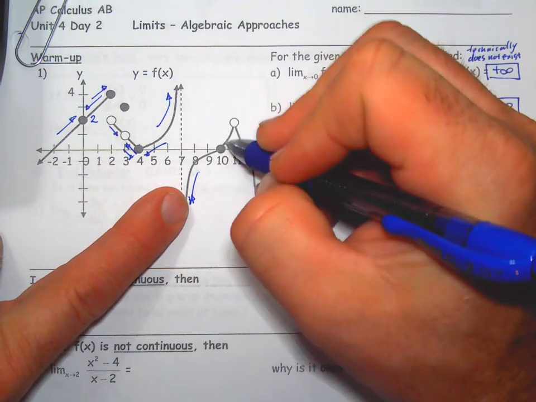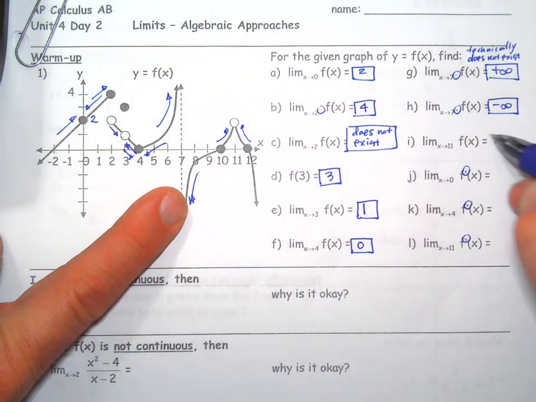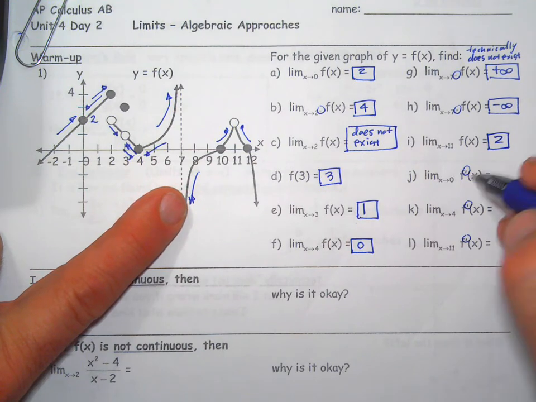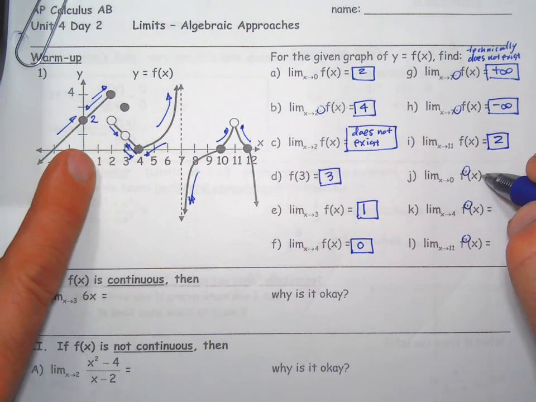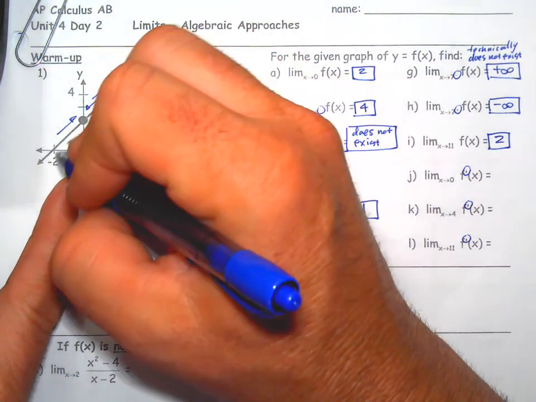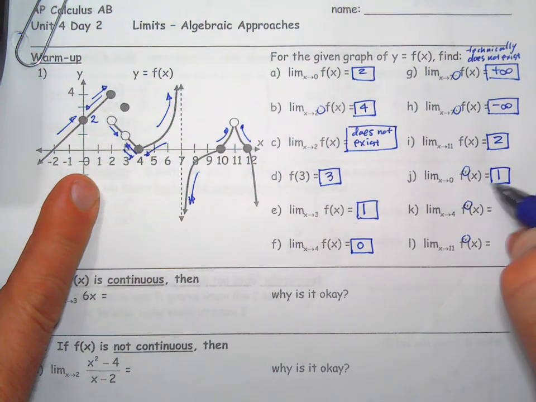11, it appears both sides are going up to 2, even though there's a hole there, even though the function isn't defined there. Now, J is talking about the slope as we approach 0. And the slope on both sides appears to be up 1 over 1, up 1 over 1, appears to be 1, right?